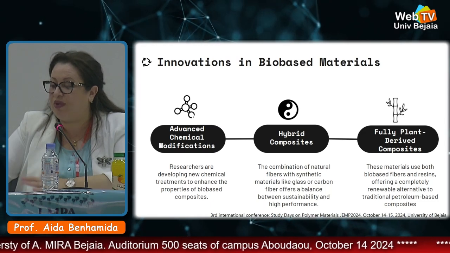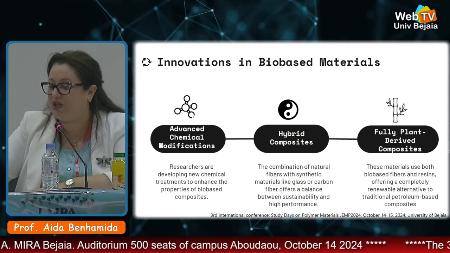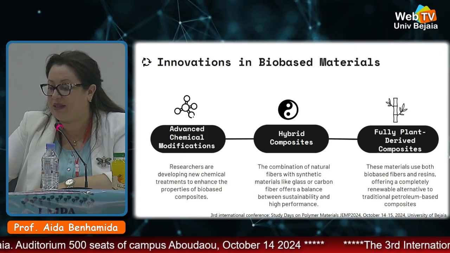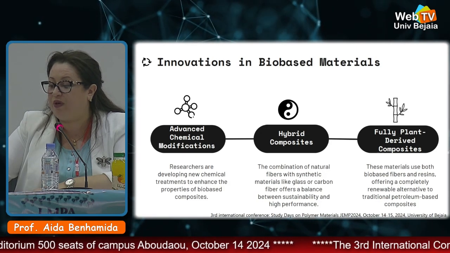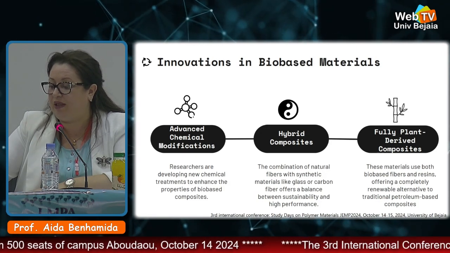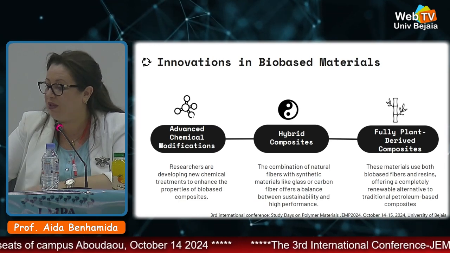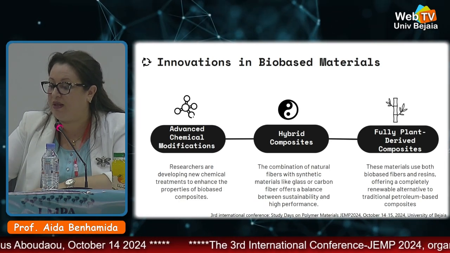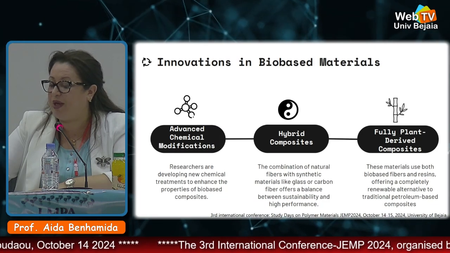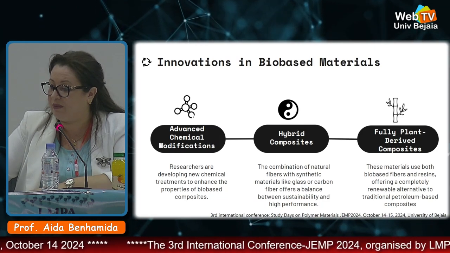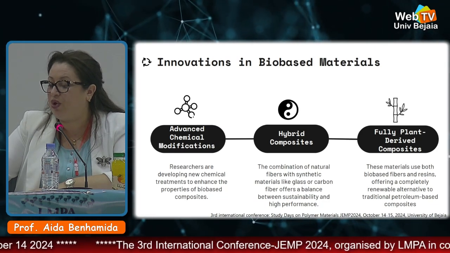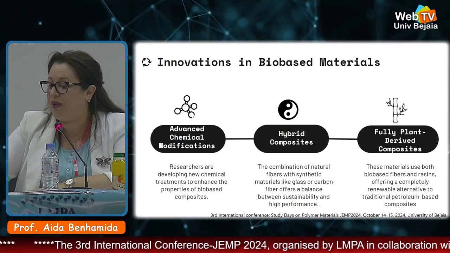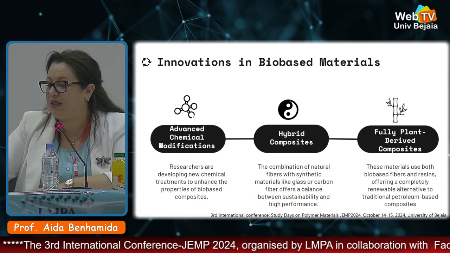Then we have also hybrid composites, the combination of natural fibers with synthetic materials like glass or carbon fiber, which offers a balance between sustainability and high-performance materials. Finally, fully plant-derived composites. These materials use both bio-based fibers and resins, offering a completely renewable alternative to traditional petroleum-based composites.